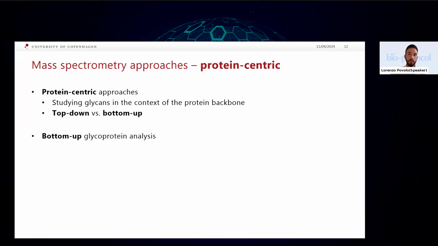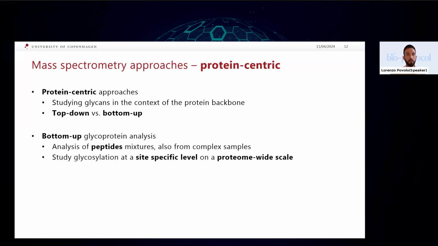Bottom-up approaches consist in the analysis of peptide mixtures, so proteins that are essentially broken down into smaller peptides, also from complex samples. And bottom-up approaches are key, in my opinion, to study protein glycosylation at a site-specific level, but on a proteome-wide scale. So we can have information on more proteins at the same time, still keeping a site-specific resolution.